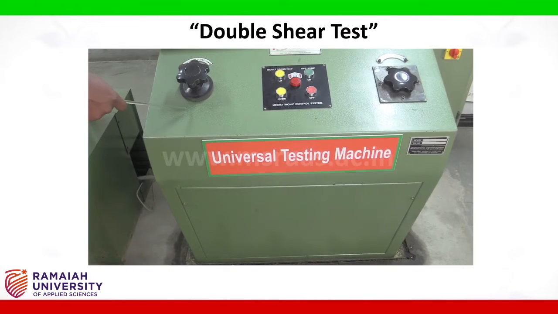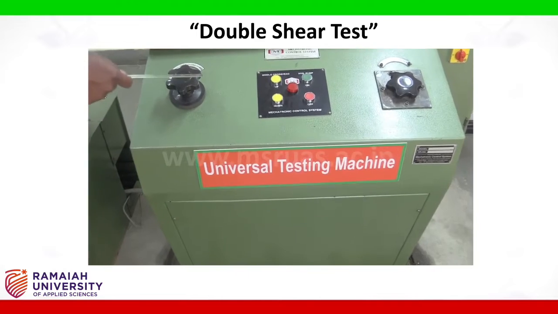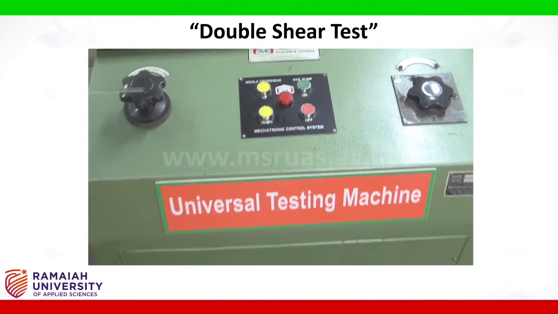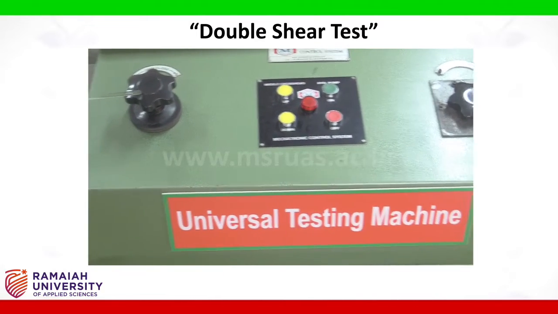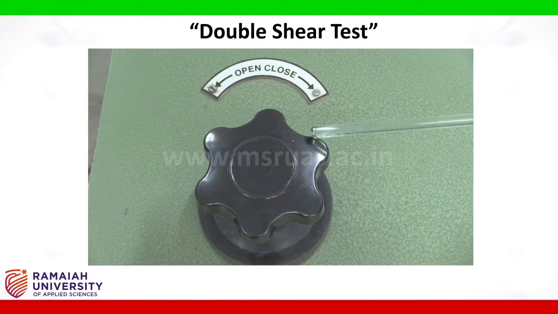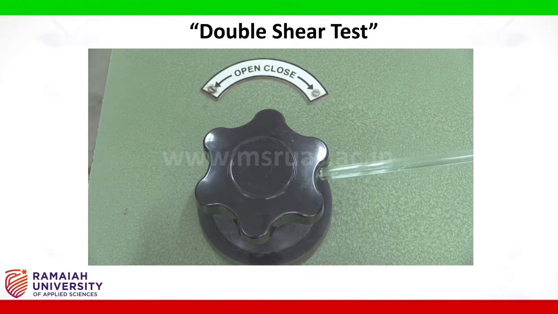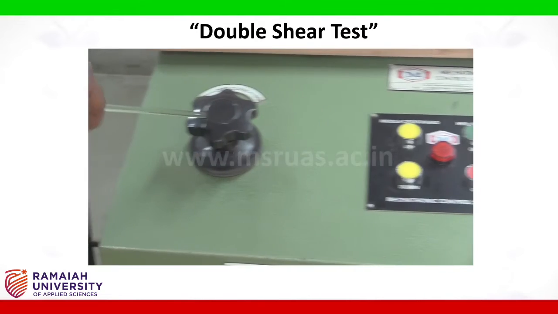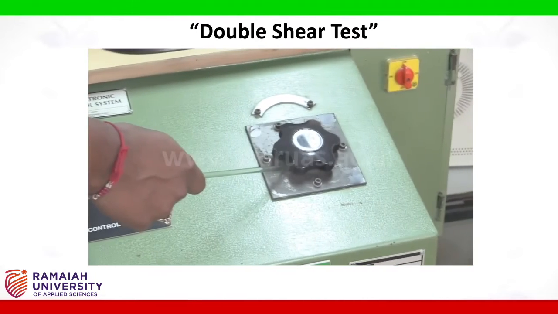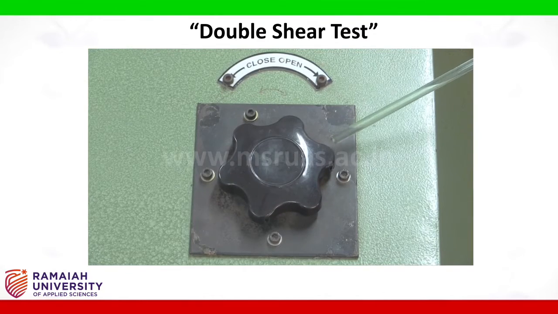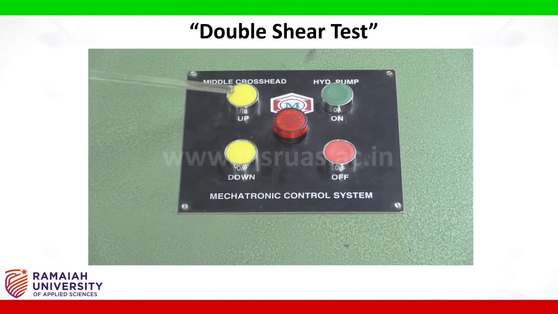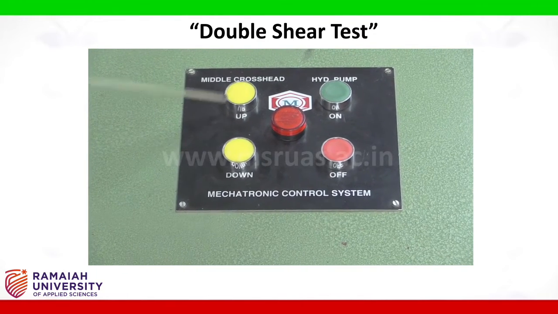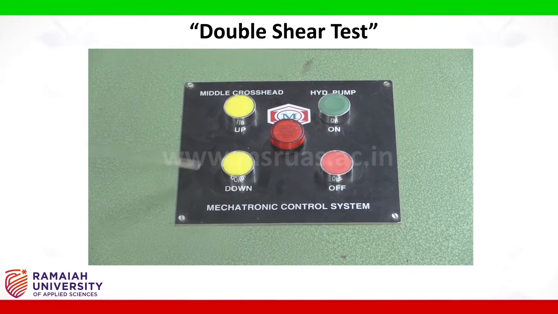This control unit mainly consists of two valves. This left side valve is to control the oil flow into the oil drum of the universal testing machine, and this right side valve is to control the rate of loading. These yellow color switches are for the movement of the middle crosshead.